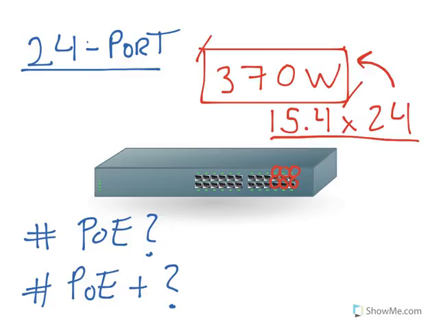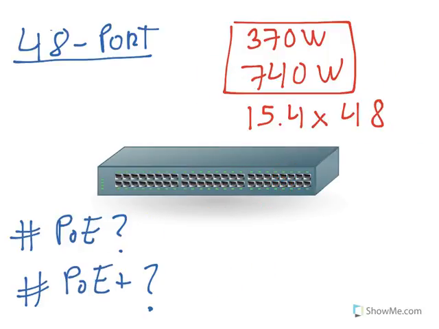So for a 24-port PoE switch with a power budget of 370 watts, we have a total of 24 PoE ports, or we can have a maximum of 12 PoE Plus ports. And obviously anything in between, as long as we don't exceed the overall power budget.